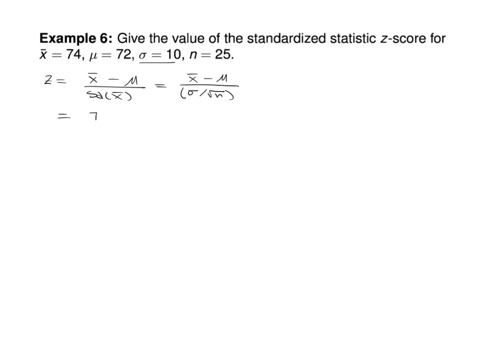So that's 74 minus 72 over 10 over root 25, or 2 over, well, root 25 is 5, 10 divided by 5 is 2, 2 over 2 is equal to 1. So there's a z-score of 1.